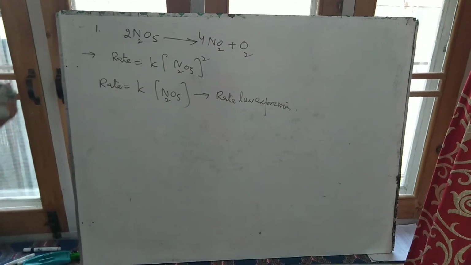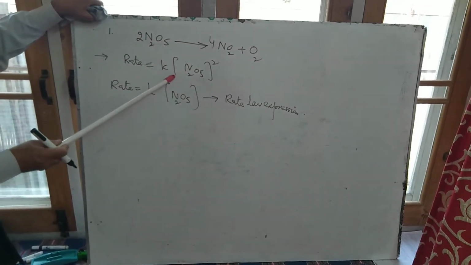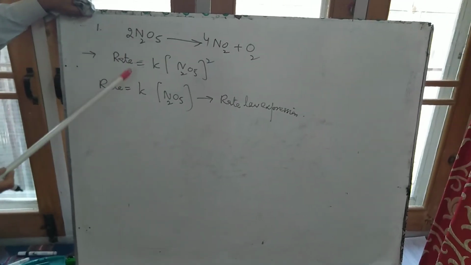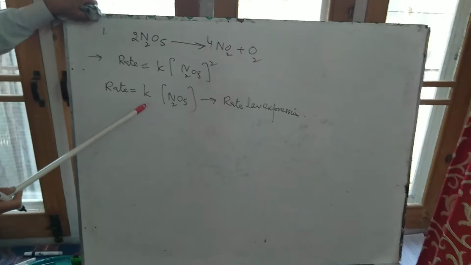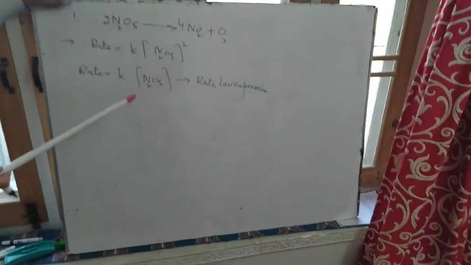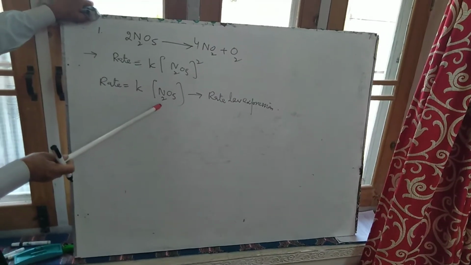That means the law of mass action equation is theoretical, as given by the law, and this rate law expression is based on experimental evidence. We have to carry out experiments to find the actual dependence of the rate on the concentration terms.